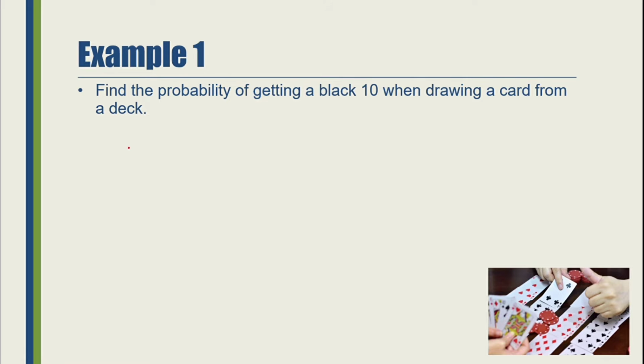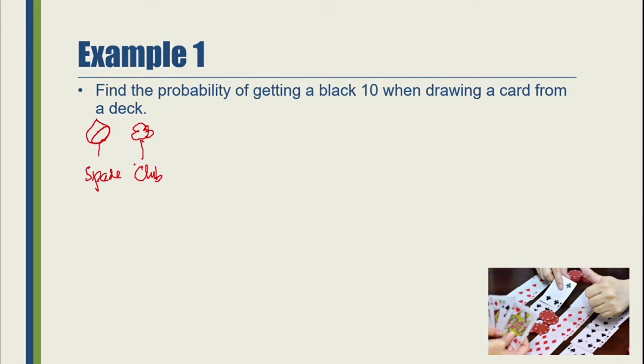First is the spade. And the second one is the flower, the club. So these are the black ones: this is the spade and this is the club.